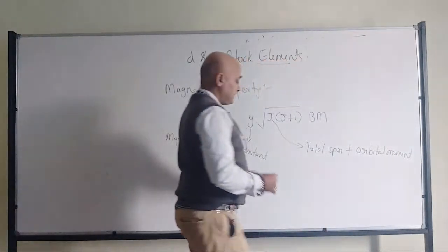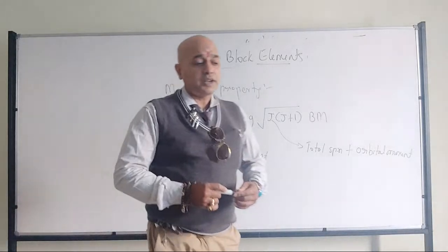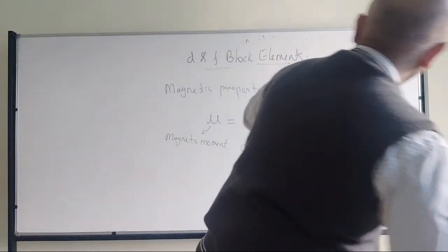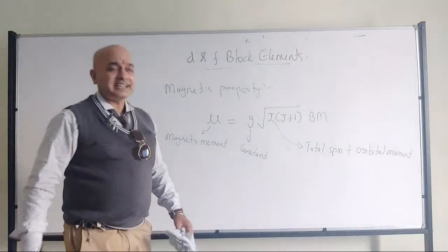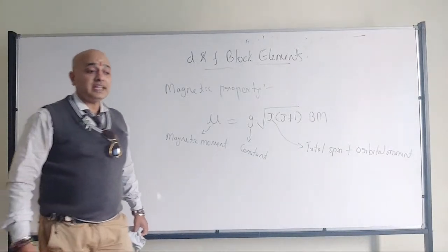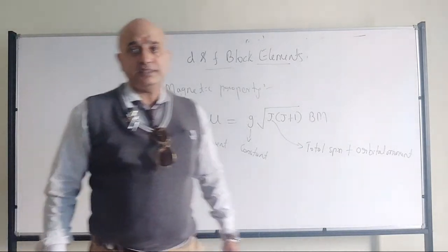All together it is J. So that's where we have the magnetic moment equation for the F block elements.